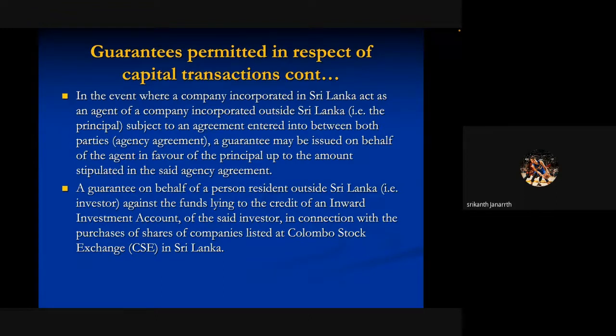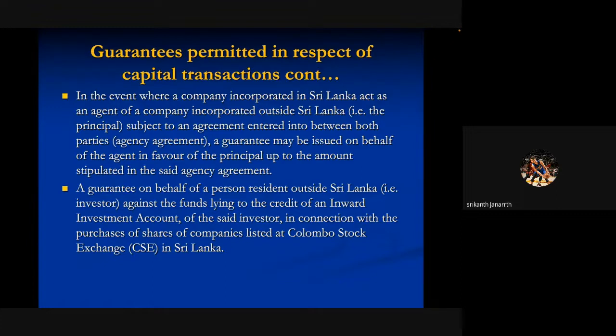The foreign investor can ask the bank, because his IIA account is maintained with the local bank. Suppose a foreign investor in the USA has opened an IIA with Commercial Bank. Now the investor is asking Commercial Bank, I want a guarantee of 1 million, 5 million rupees to the Colombo Stock Exchange. Can you do it? As long as the funds are there in the IIA account, the bank can issue the guarantee.